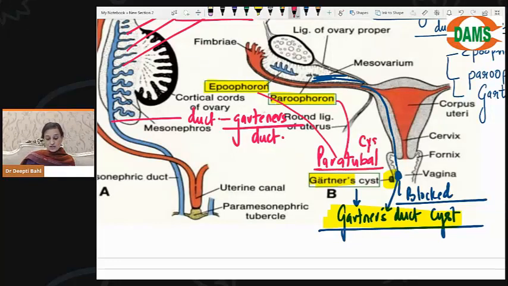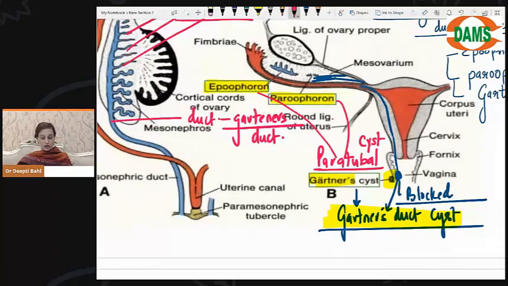So the remnants in adult life can present as cystic growths. The Gartner's duct will form a Gartner's duct cyst, whereas the epophoron and parophoron can form paratubal cyst. All right. Now, we will talk about male as well in a moment.